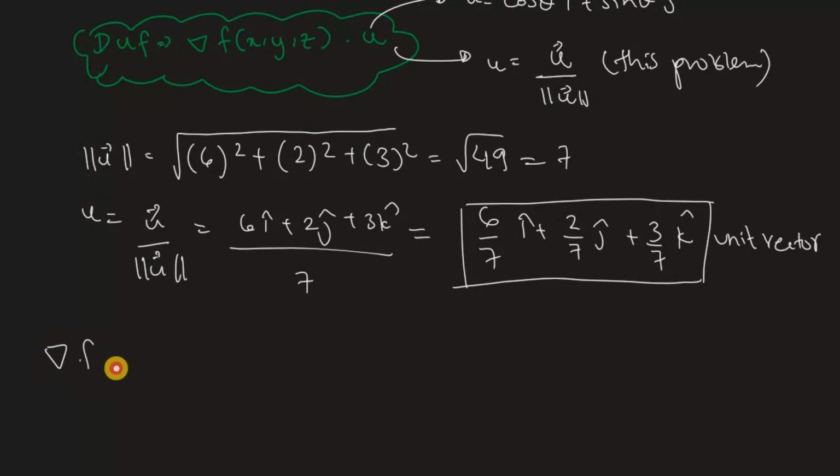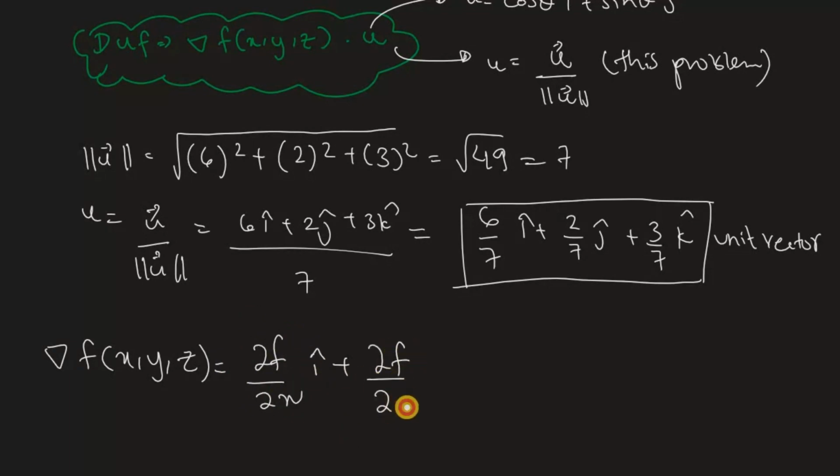So to find the gradient vector, how do we do this? First we take the partial derivative of the function with respect to x and i hat, then the partial derivative with respect to y, j hat, and since it's a 3 variable function, we differentiate with respect to z as well, and k hat.